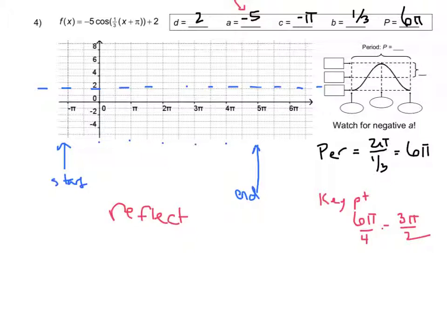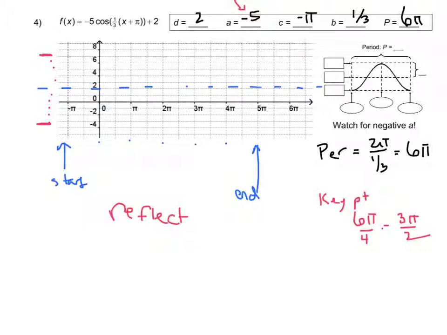So cosine normally starts at a max of 5, so from my vertical shift of 2, I'm going to go up 5, so 1, 2, 3, 4, 5. So I'm going to be up at 7, and then down from 2, 1, 2, 3, 4, 5, to about -3. So there is my range.